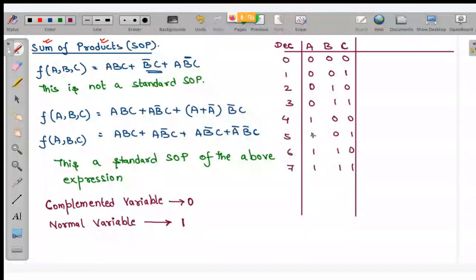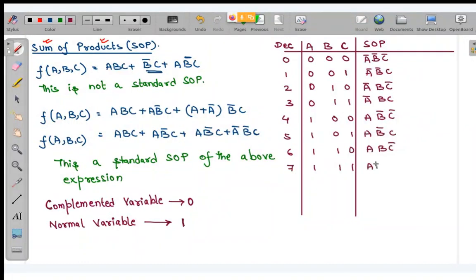The corresponding SOP term for this configuration of ABC will be A complement, B complement, C complement. Over here, A complement, B complement, C. This will be A complement, B, C complement. This will be A complement, B, C. This will be A, B complement, C complement. This will be A, B complement, C. This will be A, B, C complement, and the last term will be A, B, C.